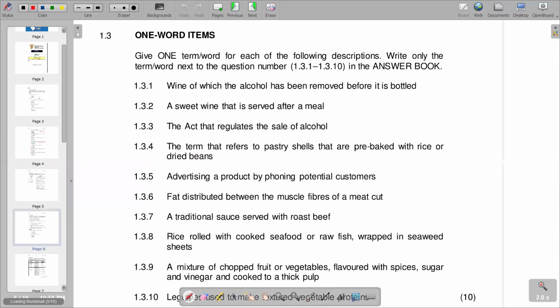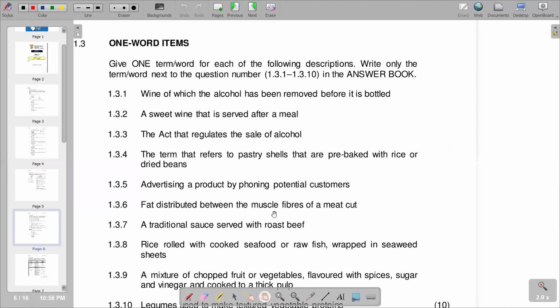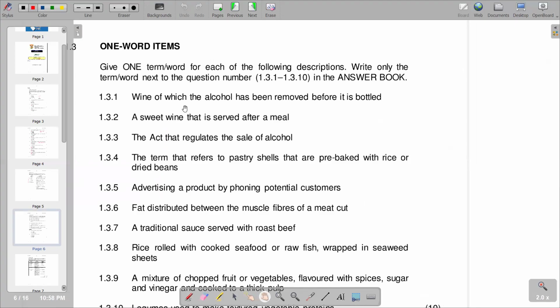We move on to the next section whereby it reads, give one term or word for each of the following descriptions. Write only the term or word next to the question number. We've got question 1 to 10. Wine of which the alcohol has been removed before it is bottled.